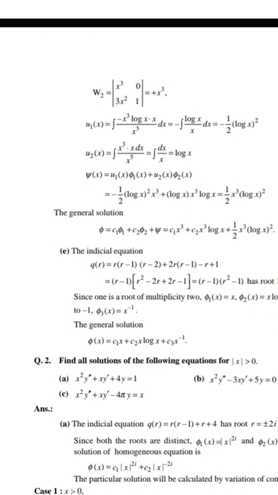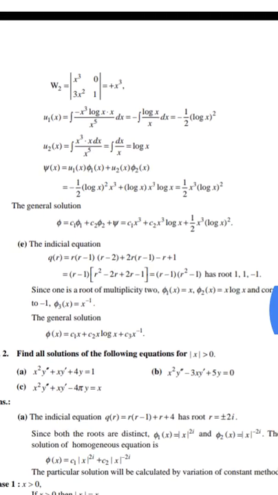The general solution is phi is equal to c1 phi 1 plus c2 phi 2 plus psi is equal to c1 x cube plus c2 x cube log x plus 1 by 2 x cube log x square.